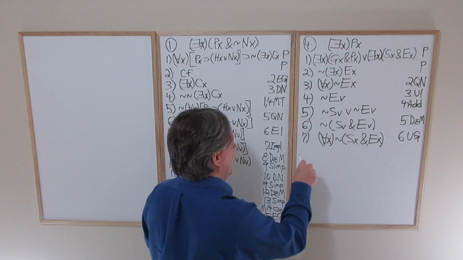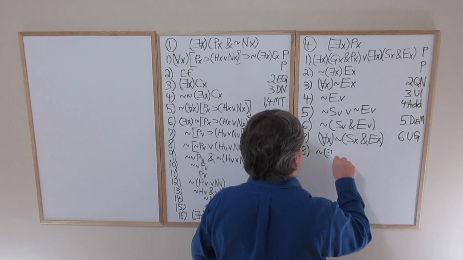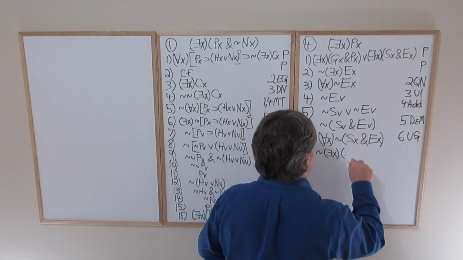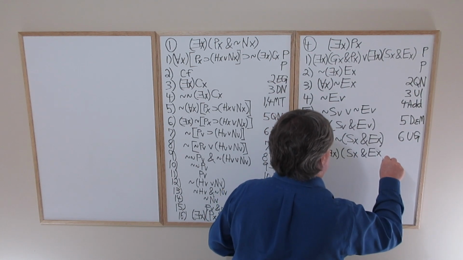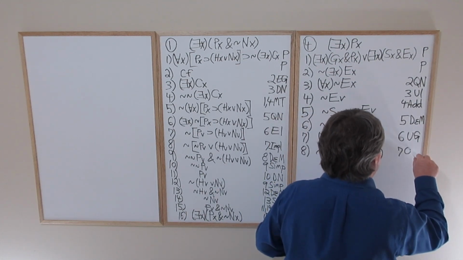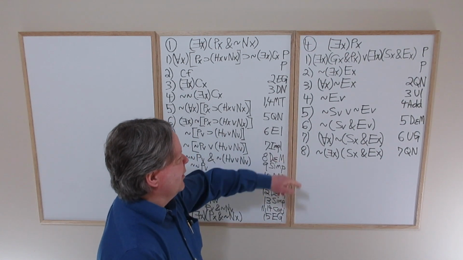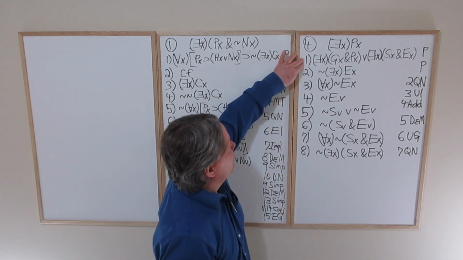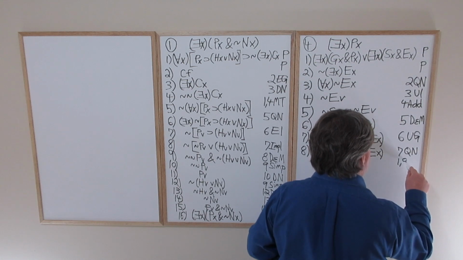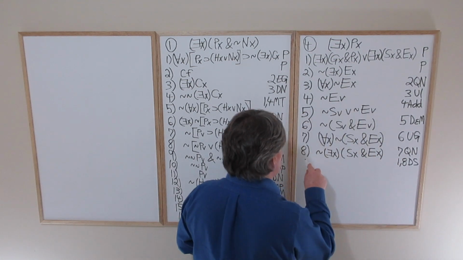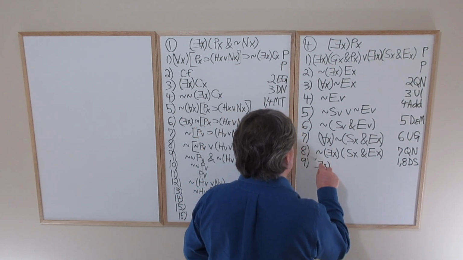Doing 6 UG, and finally, seven, QN. So that sequence of steps got us to the point we needed to be. 1-8 disjunctive syllogism will give us the left disjunct.